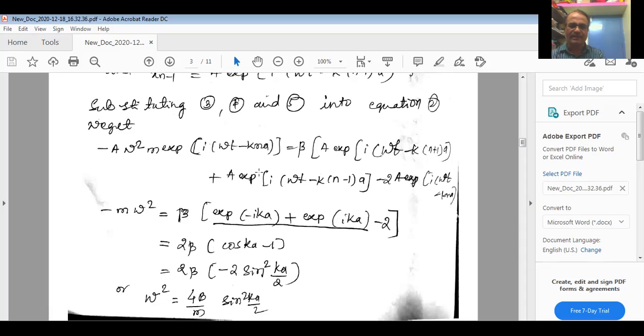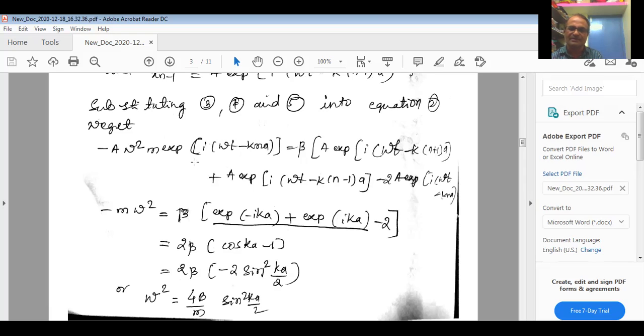And now we have to cancel a into exponential of i into omega t minus k n a on both sides, because here a into exponential of i into omega t minus k into n plus 1 into a is there. So here two terms are there. When you multiply this a with this bracket, it becomes minus k n a and minus k a. So two terms are there, and one term is this one, the k n a term.